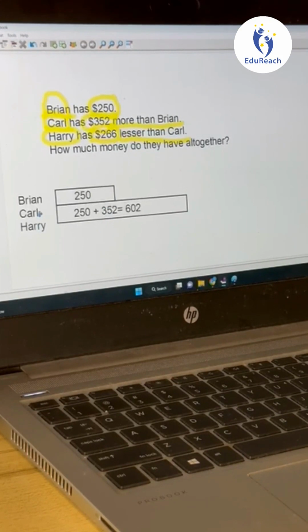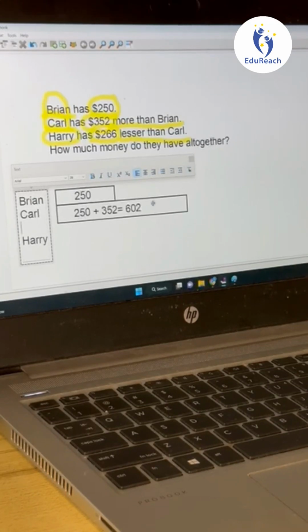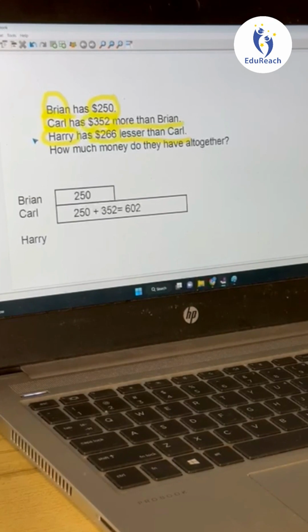So what about Harry? Now let's give a bit of space for Harry. Now Harry is a bit more complicated. Harry has 266 lesser than Carl. So what we do is we need to look at Carl and Harry and not Brian anymore. So that's Carl. Harry has this amount, which is lesser by 266.